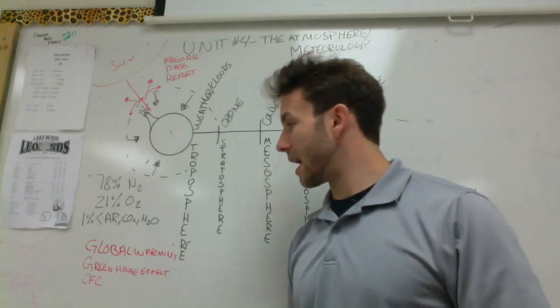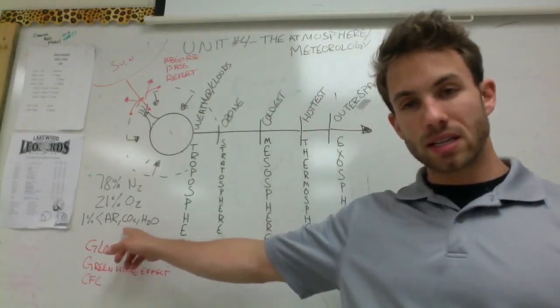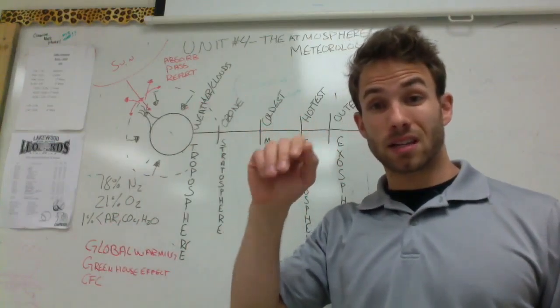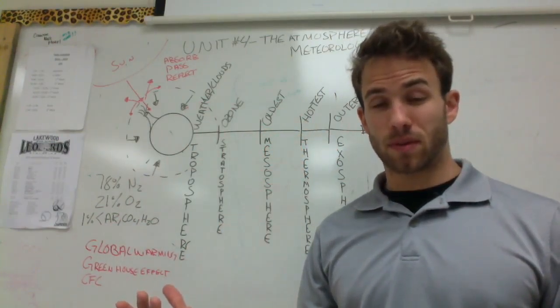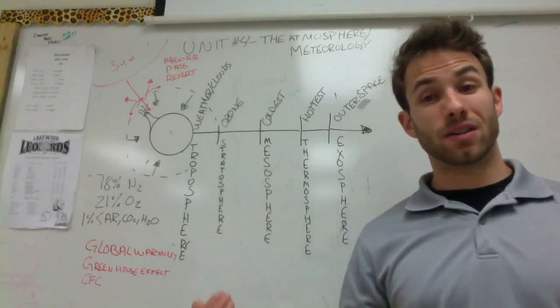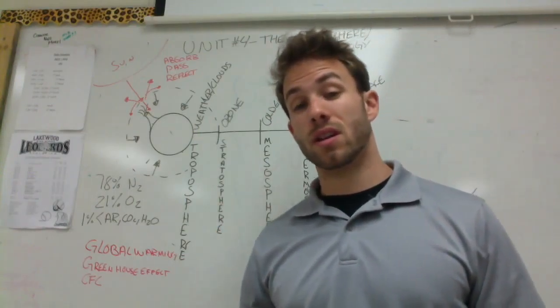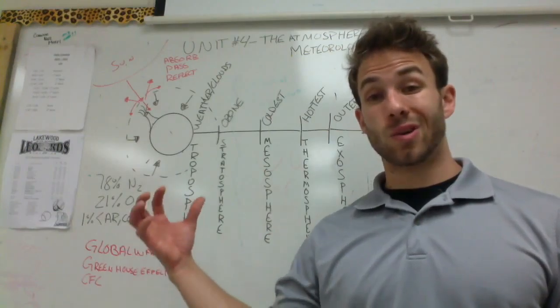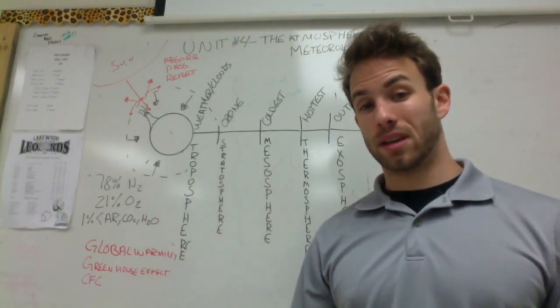And one of the big gases that's important, even though it takes up less than 1% of the atmosphere, is carbon dioxide. That's stuff that I'm making as I talk, that's stuff that comes out of the exhaust pipes of our cars, and the stuff that we increase in the atmosphere when we cut down trees is a huge contributor to global warming. Carbon dioxide soaks up a lot of heat and keeps it here.